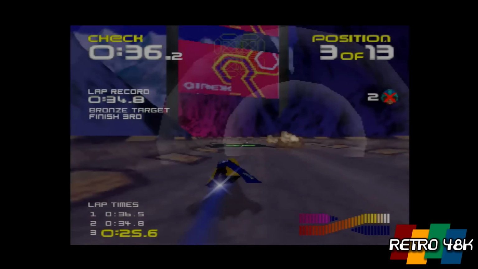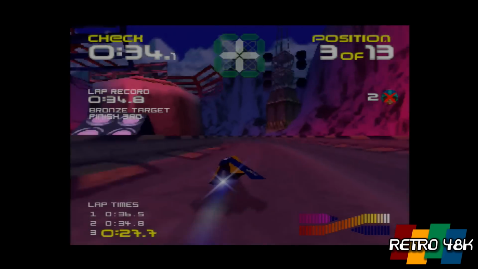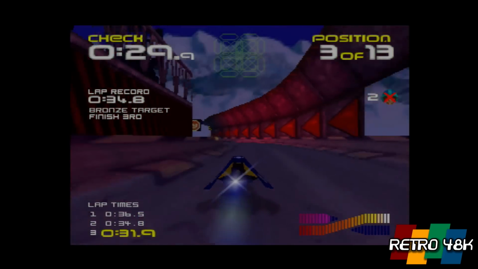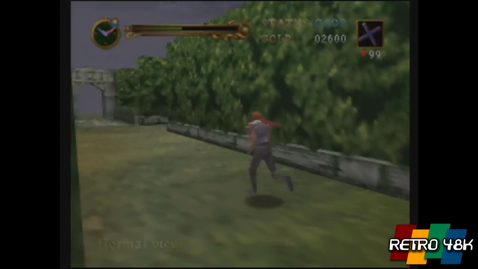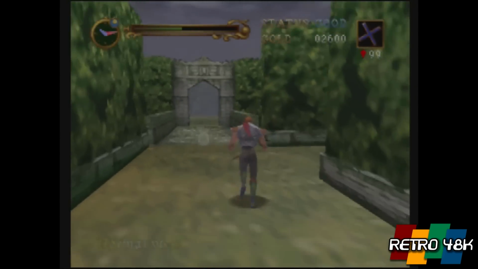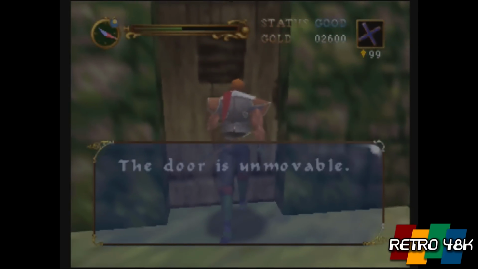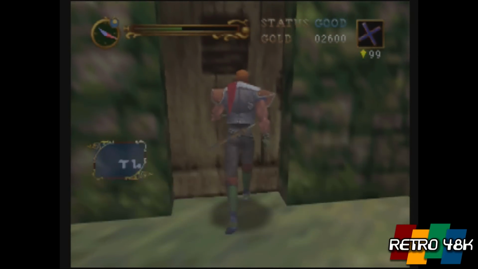One area I do want to cover in more detail, however, is textures on the N64, because I think they contribute massively to that N64 look on graphics. And one of the features that the N64 had was bilinear and trilinear texture filtering, which is basically a process of scaling textures.